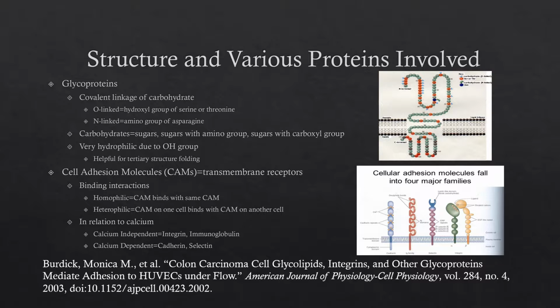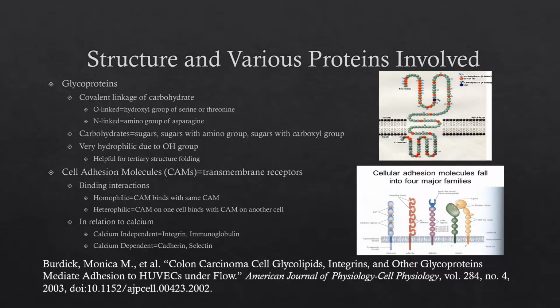Now, for the structure and the proteins involved, glycoproteins are covalently linked, the protein with the carbohydrate. They are either O-linked, which is where the linkage is using the hydroxyl group of the amino acid serine or threonine, or they are N-linked, which is when the linkage is with the amino group of asparagine.